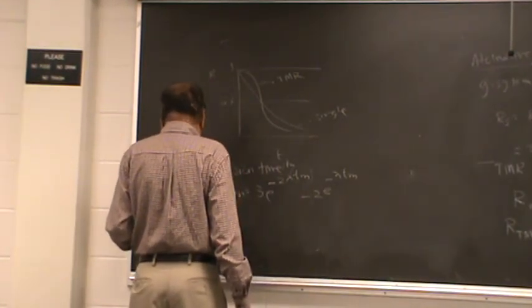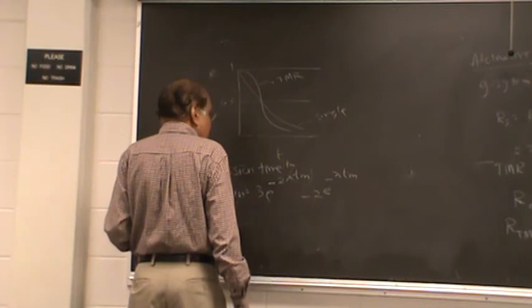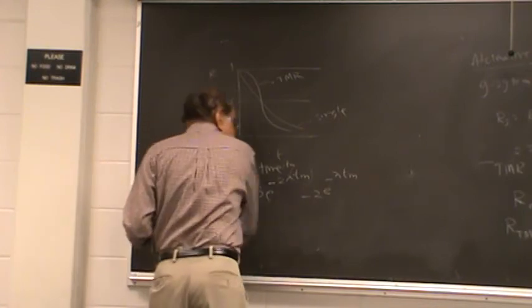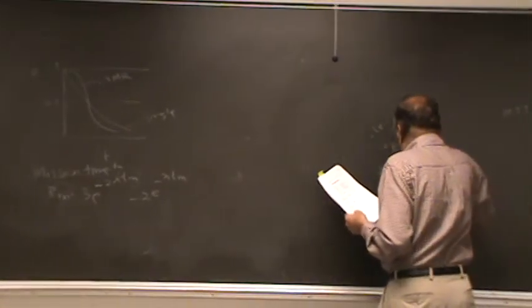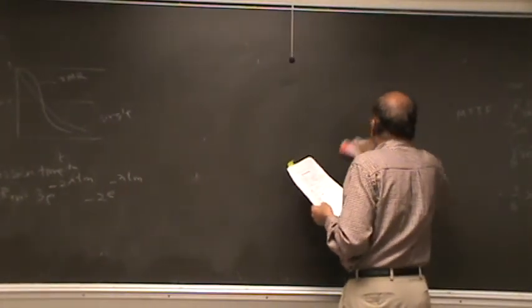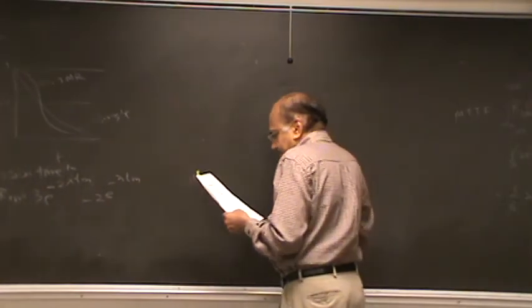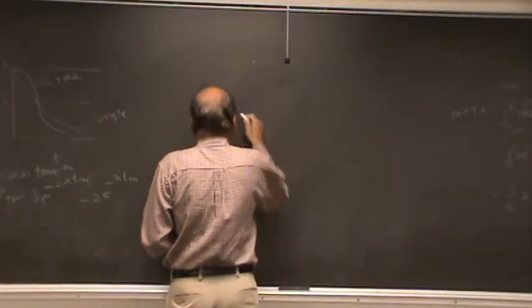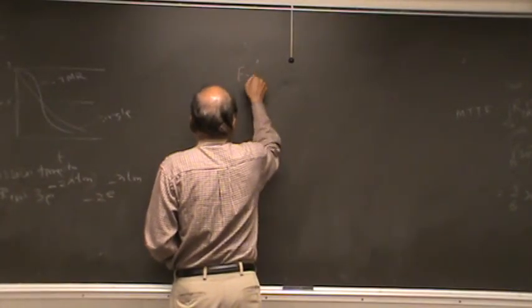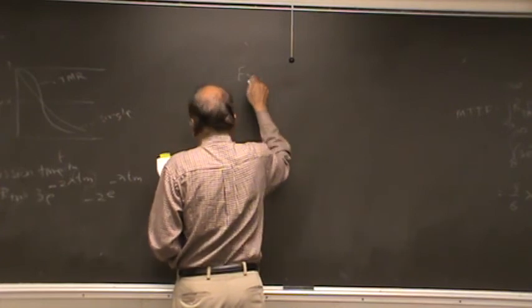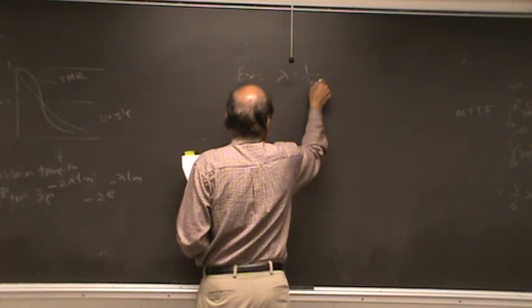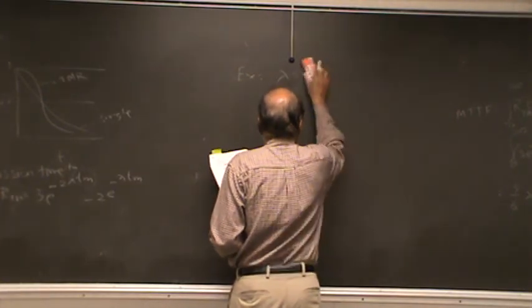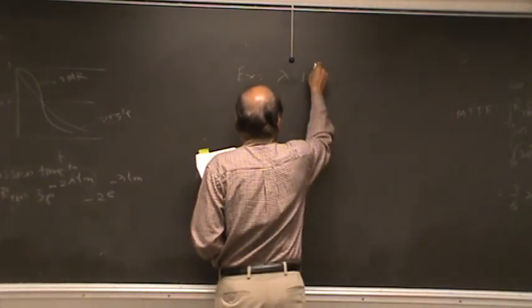Okay, let's put in some numbers and let's see what we get. So let us assume, this is an example, that lambda is equal to 1 per year.